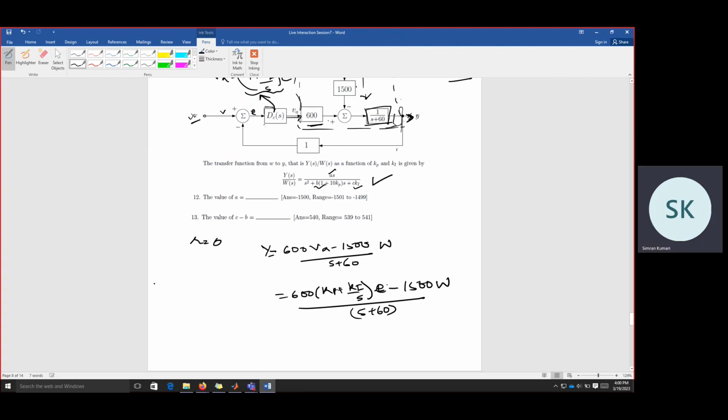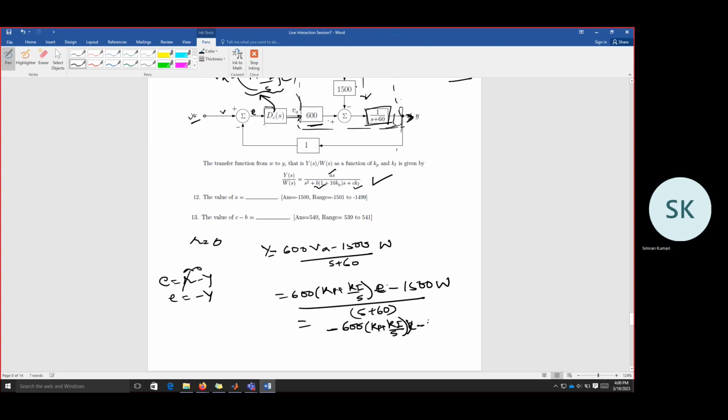Now this error is R minus Y, but since R is 0, error is simply minus Y. So this will be minus 600 Kp plus Ki by s into Y, minus 1500 W by s plus 60.